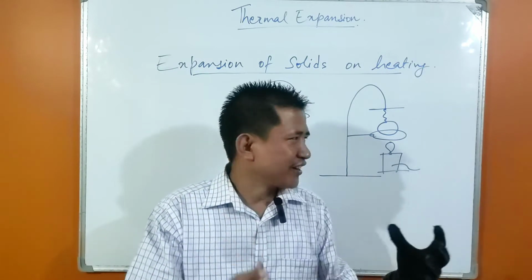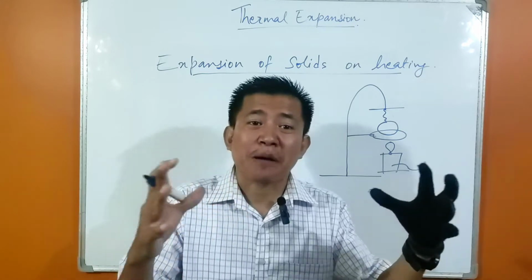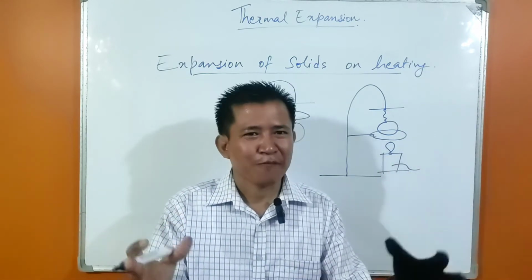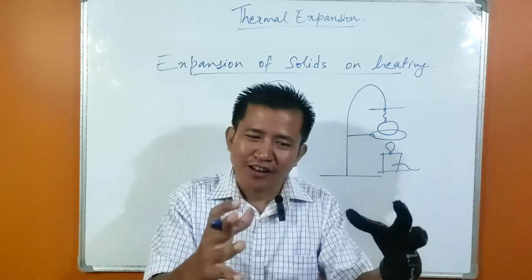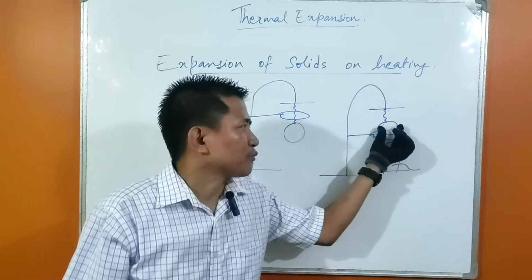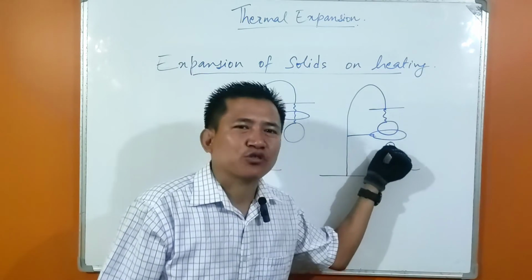The heat energy causes the thermal expansion of the ball. When you heat the ball, it increases in size. The volume of the ball increases, so now the ball cannot pass through the ring.